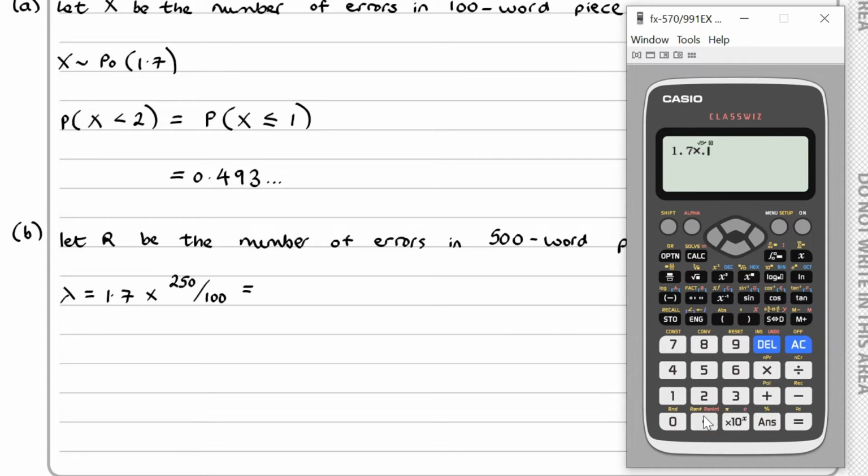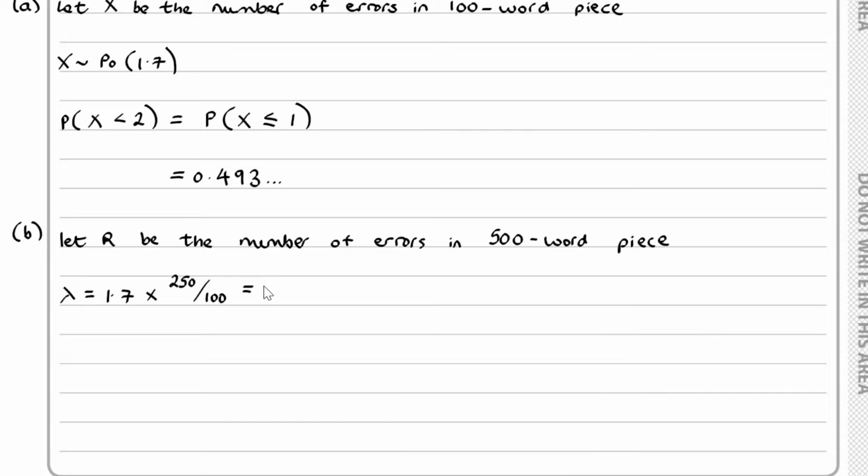So if we work this out, 1.7 times 2.5, you'd find this to be 4.25. And therefore, we can see that we can model R with a Poisson distribution with parameter 4.25.